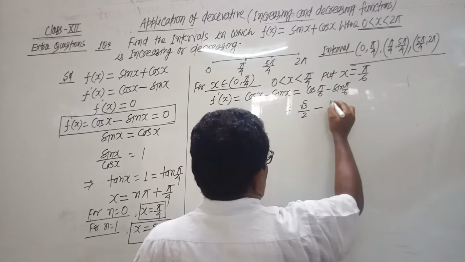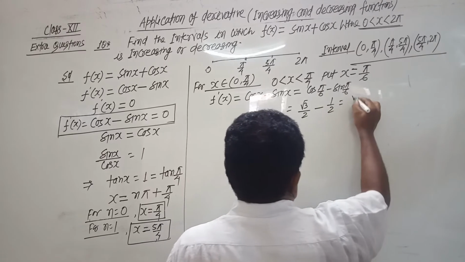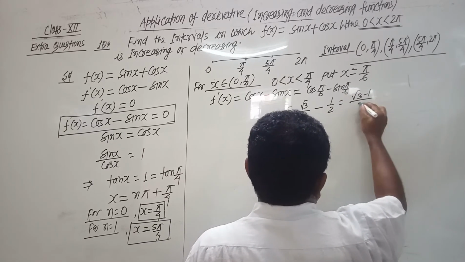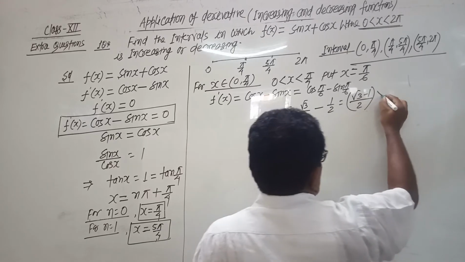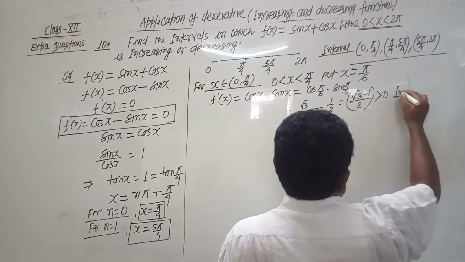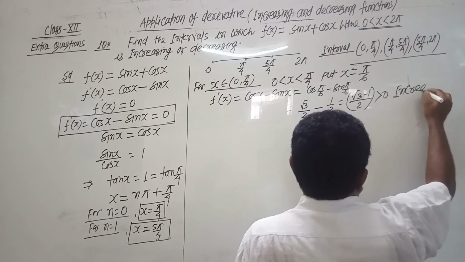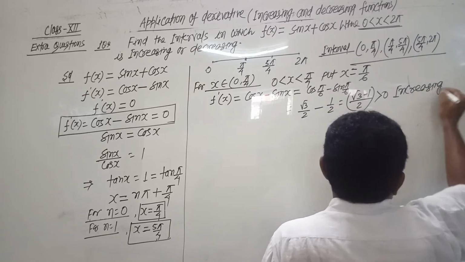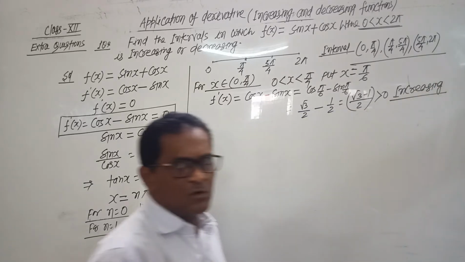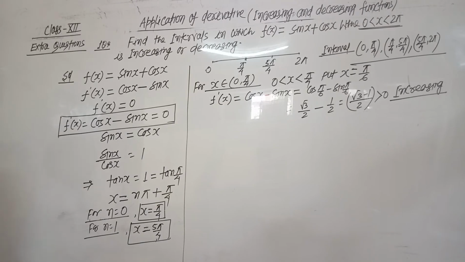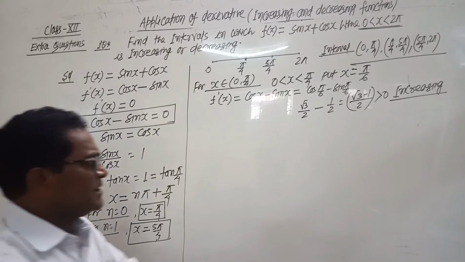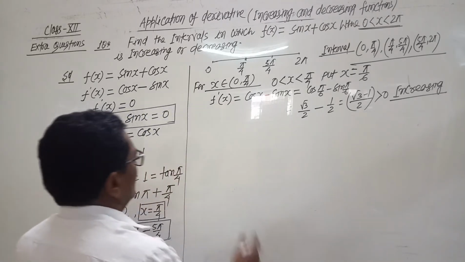The value of sin 30 degree is 1 by 2. So it gives root 3 minus 1 by 2, which is greater than 0. So the function is increasing in the interval 0 to pi by 4.